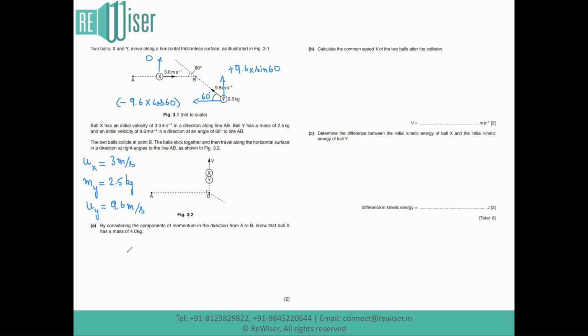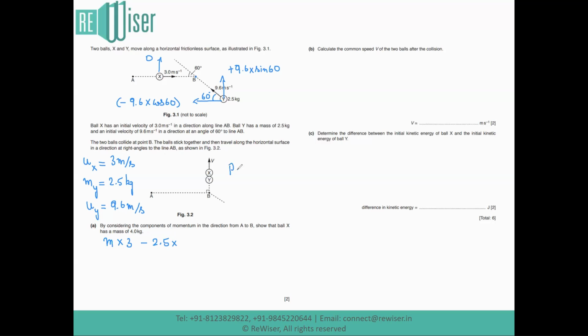So in other words, the mass of ball X is unknown, so let's assume it as a variable M. So M times its horizontal component of velocity 3, minus, the reason we're writing minus again is because ball Y has a horizontal component which is in the negative x direction, and hence assume negative. So negative 2.5, which is its mass, into its velocity.